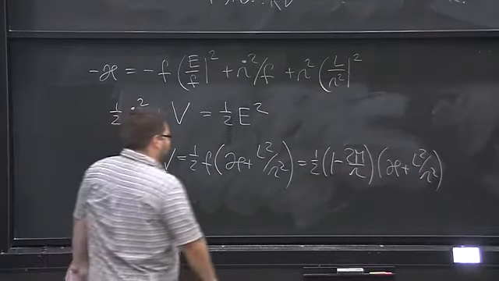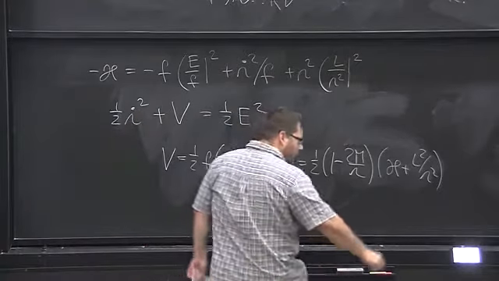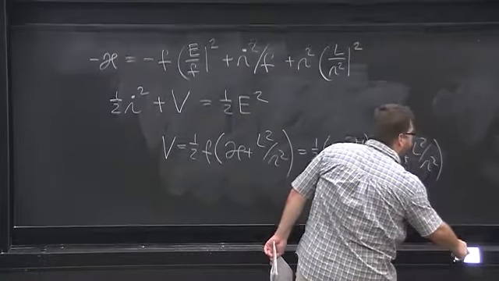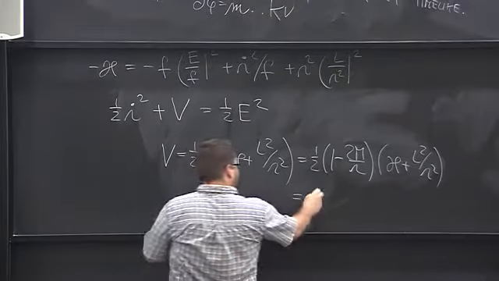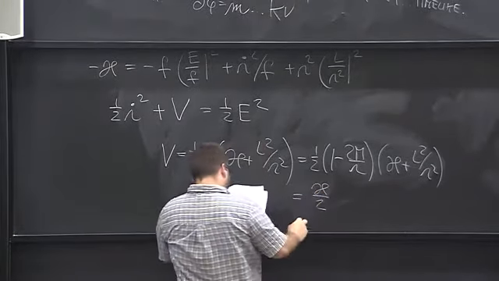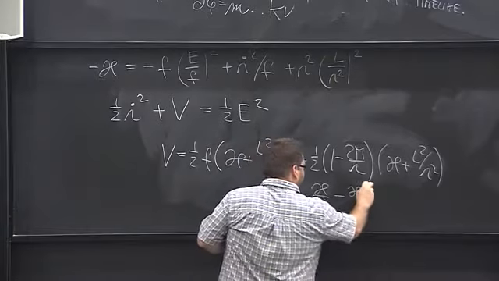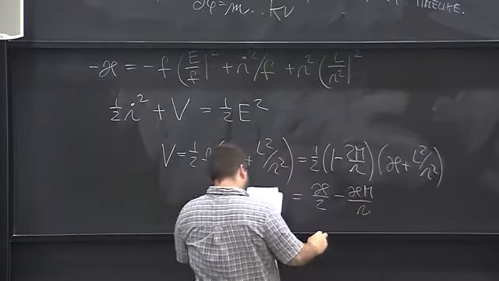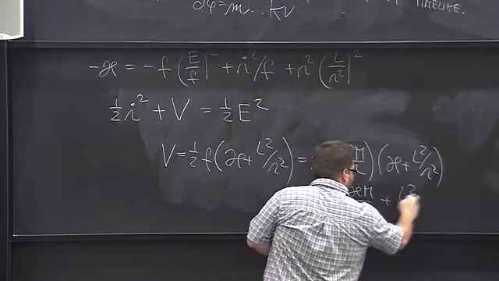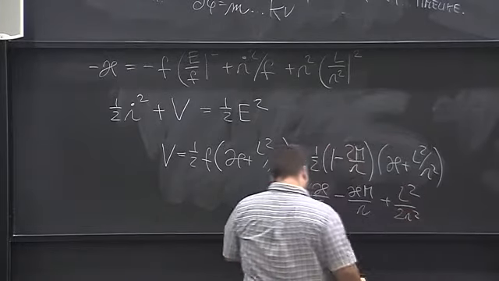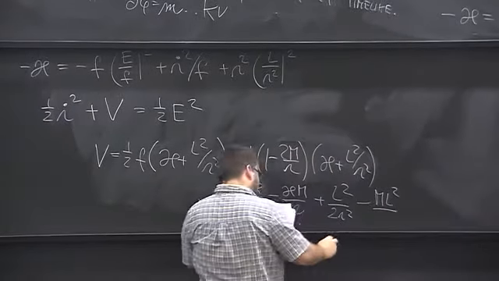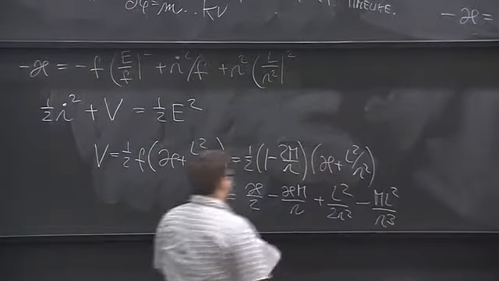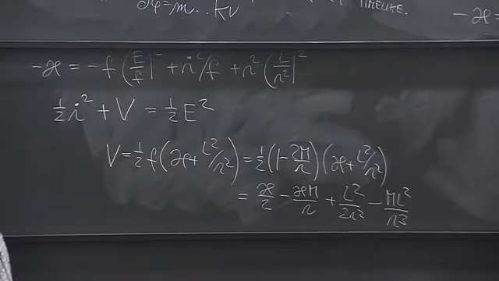All right, and then if you expand that, this is given by kappa over 2 minus kappa m over r plus L square over 2r square minus mL square over r cubed. And it's called the effective potential.